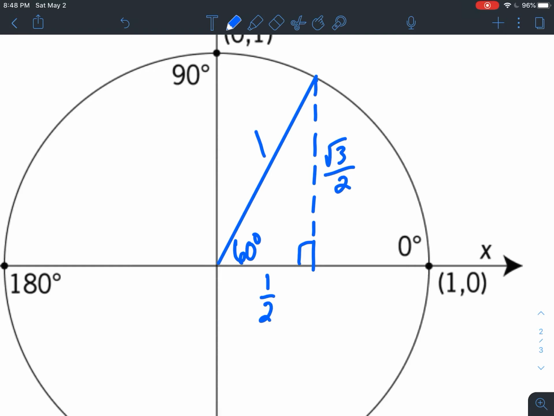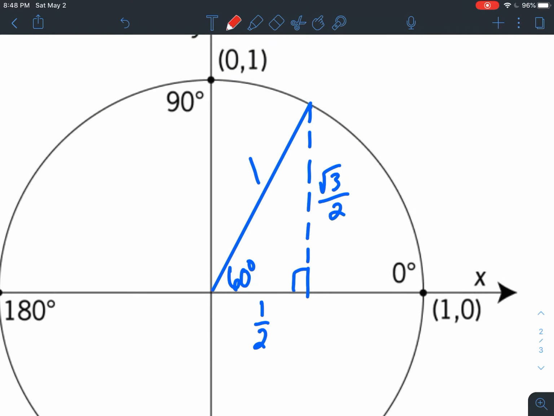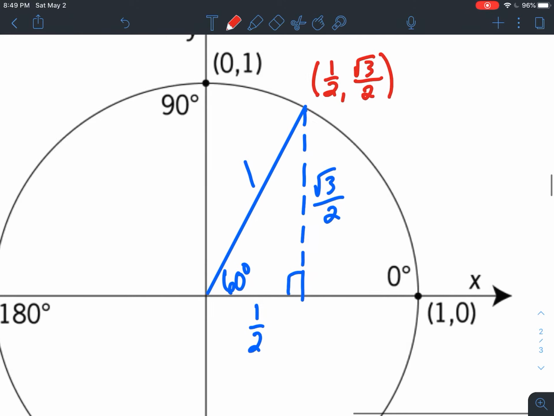So all that changes is that now the x value of my terminal point ends up being a half, and the y value ends up being the square root of 3 over 2, because my dimensions are changing. Now I'm going to the right a half, so that's my x value, and then I'm going up the square root of 3 over 2, so that's my y value. So that's how I get my terminal point.